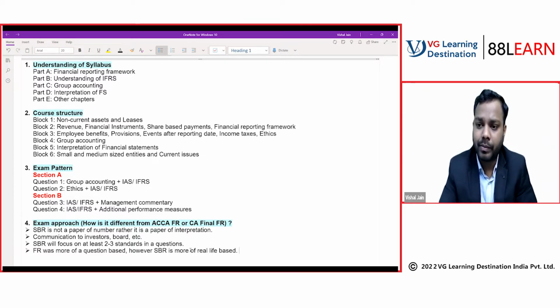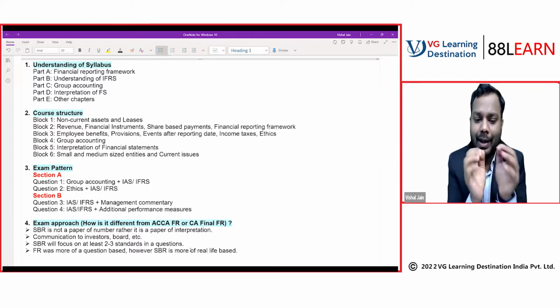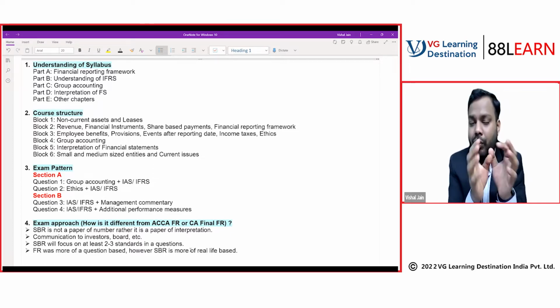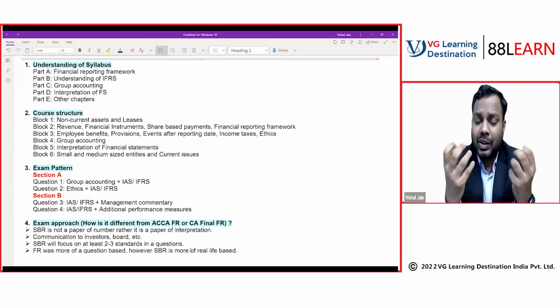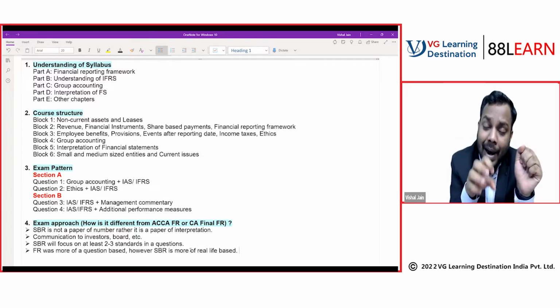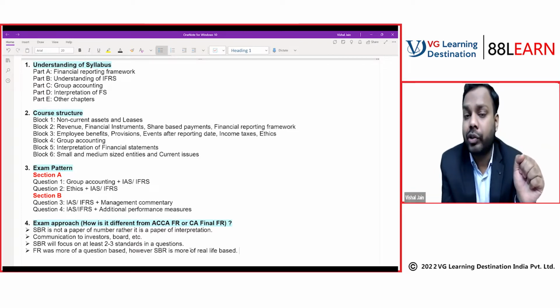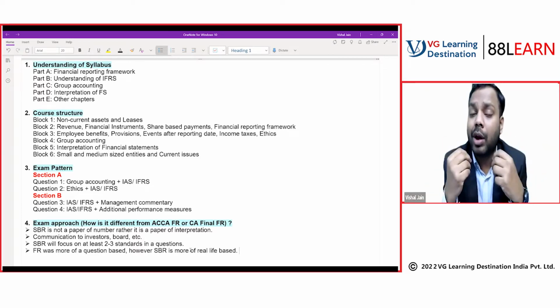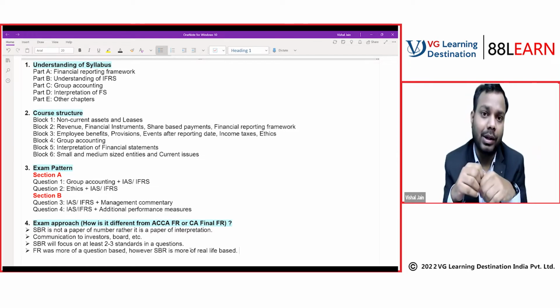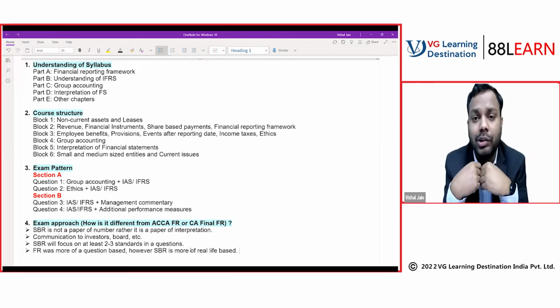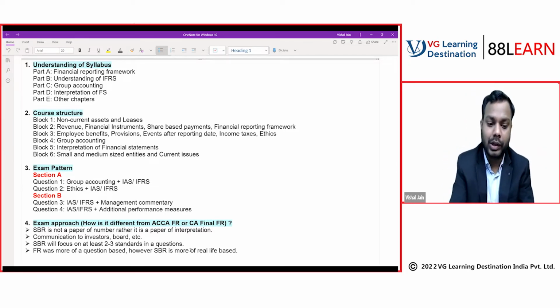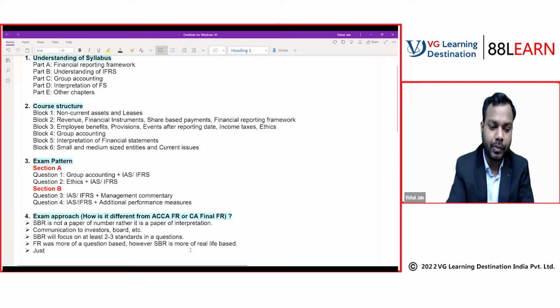See, the focus of SBR is to assess whether the students are able to apply this knowledge to real life situations or not. Just having the knowledge of IFRS is not sufficient.